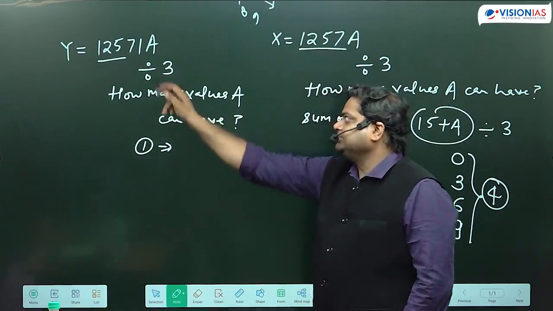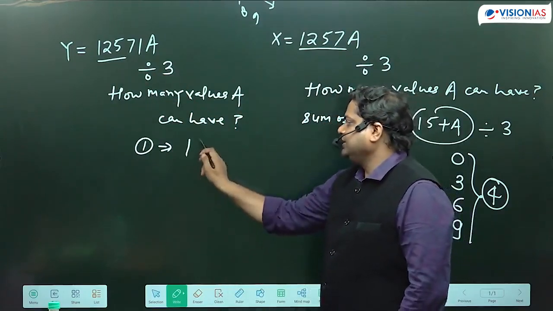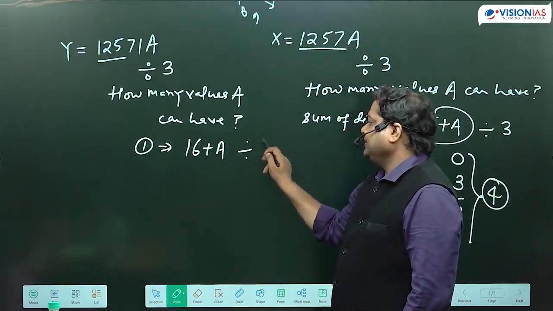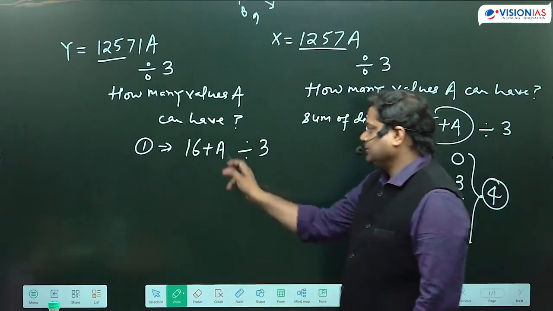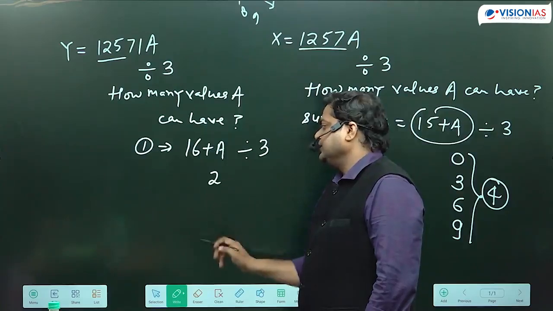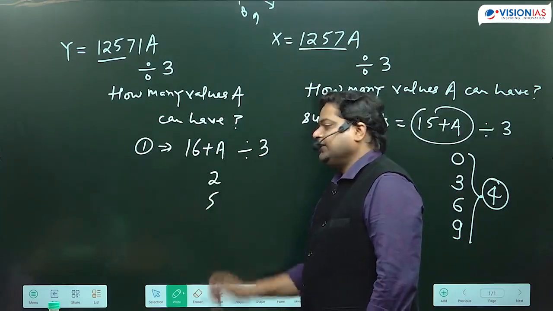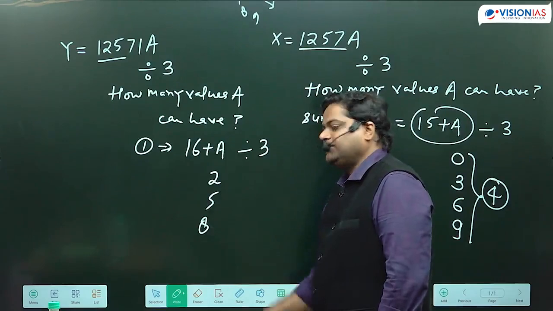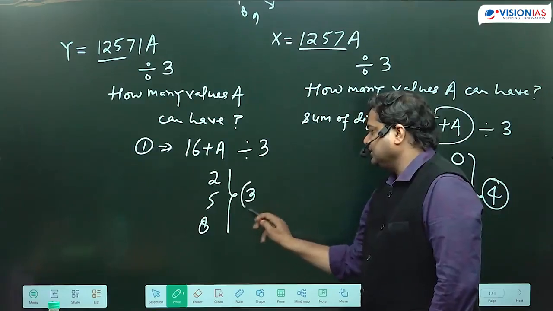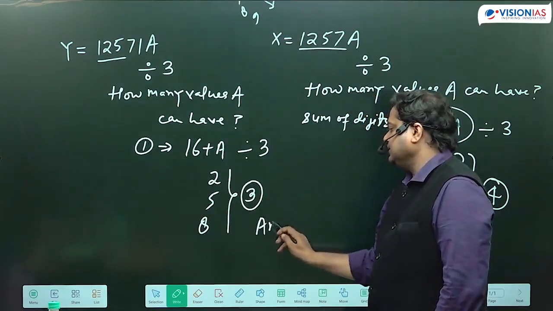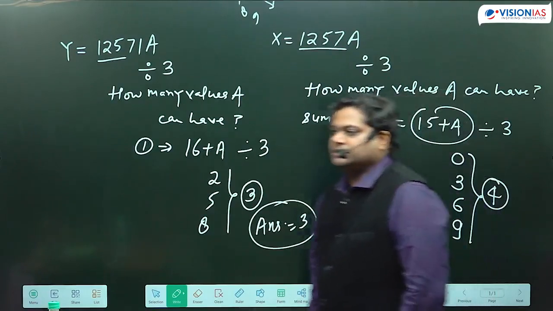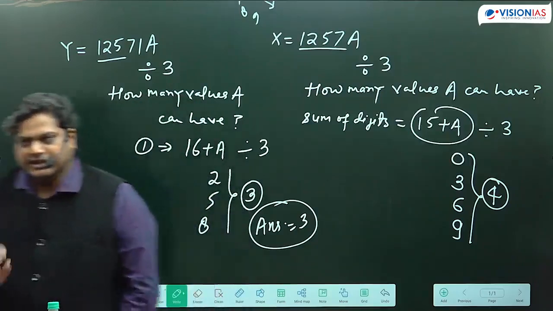The sum of the digits, 16 plus a, must be divisible by 3. What possible values can a have? 2, then 5, 8. The total count is coming as 3. So the answer is 3. Simple, we are getting answers.